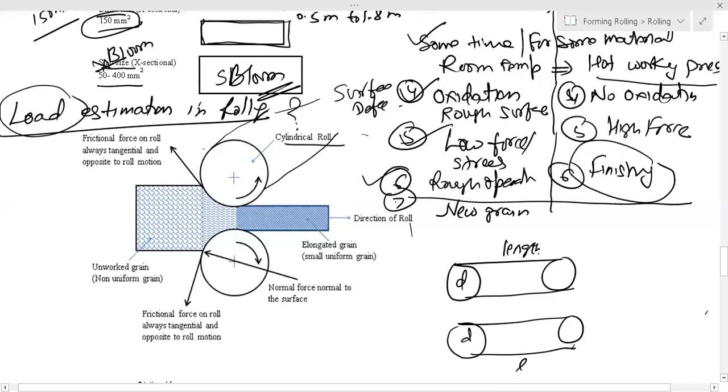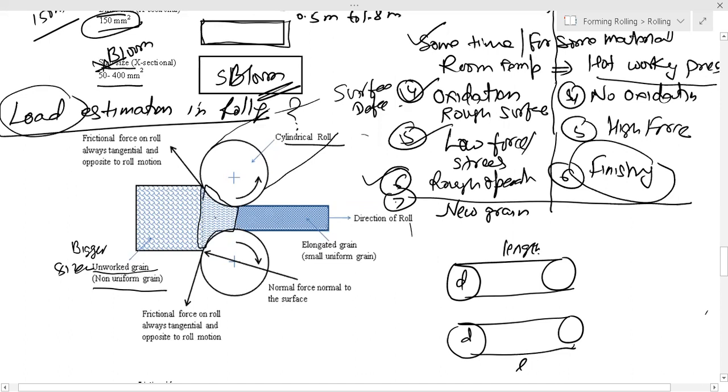It revolves in an anti-clockwise direction. This is your unworked grain, or non-uniform grain with bigger size grain, and this is the zone where deformation takes place.